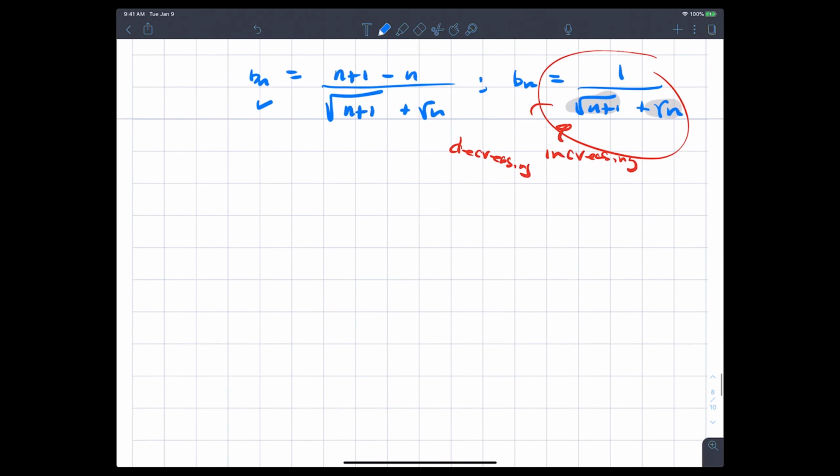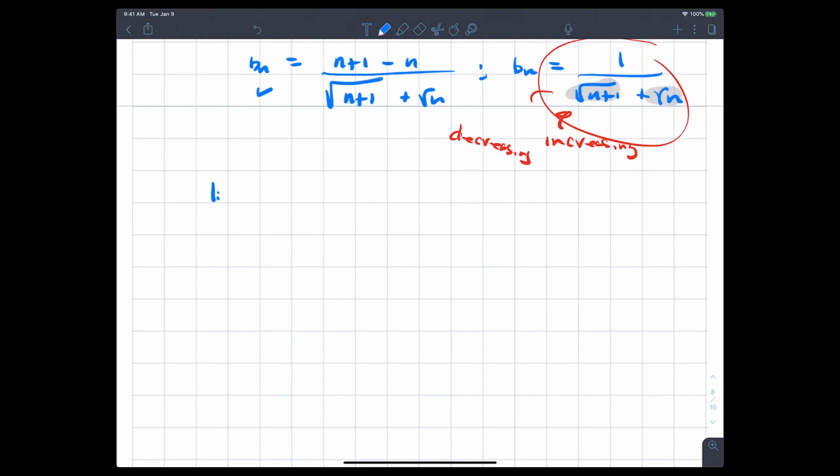Okay. And then you say, well, what's the limit of Bn? Well, I can use the version I just showed was equivalent. That's easier to take the limit now.